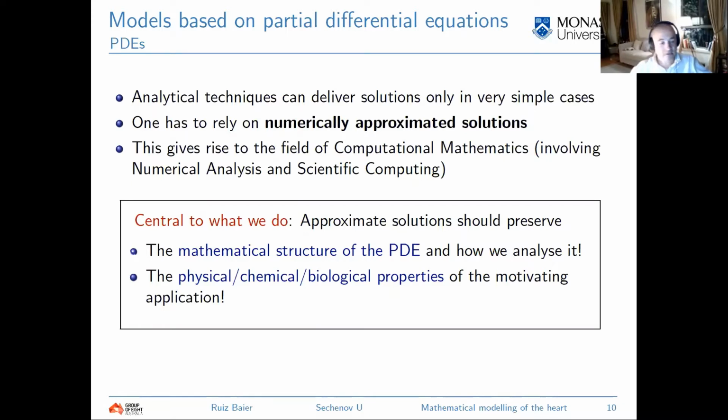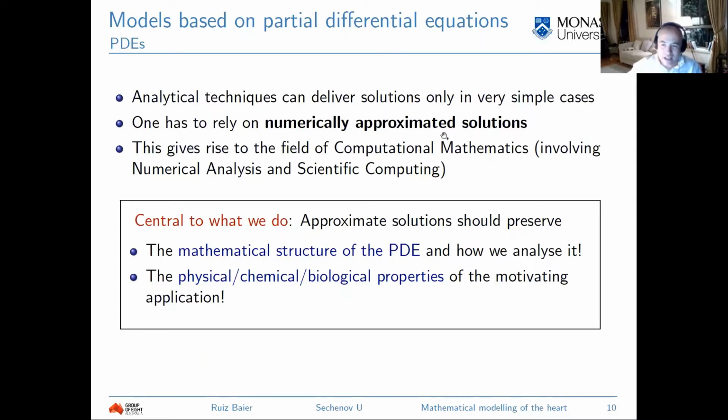And for the kind of mathematics and applied mathematics that we do in this field, it is very important that the solutions that we generate with these approximations maintain properties of the exact solution. So that's key.